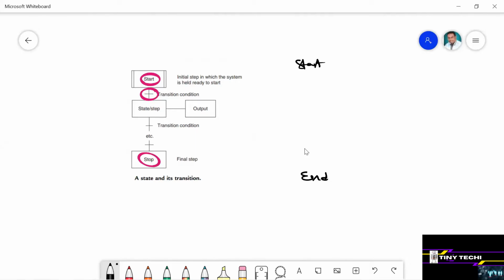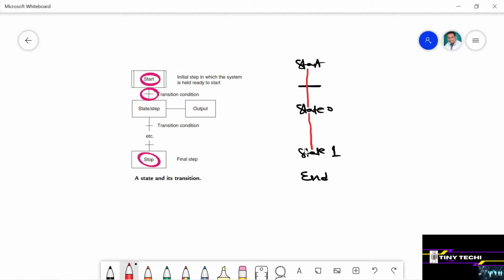Before going to the respective state, for example state 0 and state 1 we discussed, we have a transition condition in this sequential function chart. That transition condition is represented by the horizontal line. Each and every stage is connected, for example, initialize the process, connect to state 0, and then to state 1.